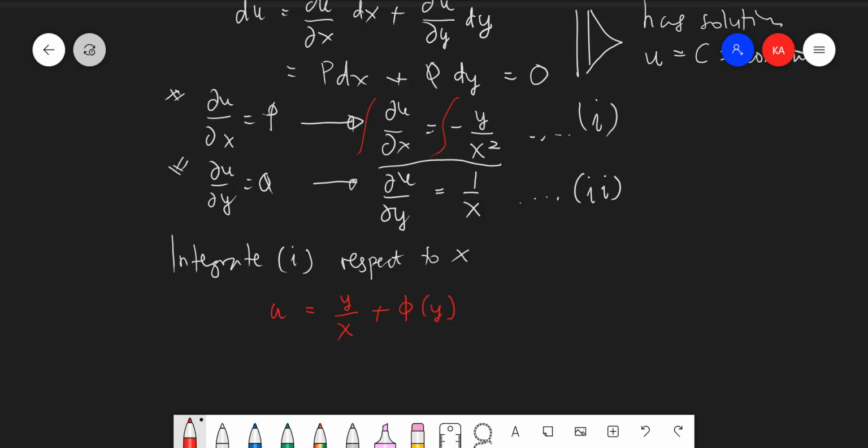I write theta of y, and this theta of y is an arbitrary function of y.